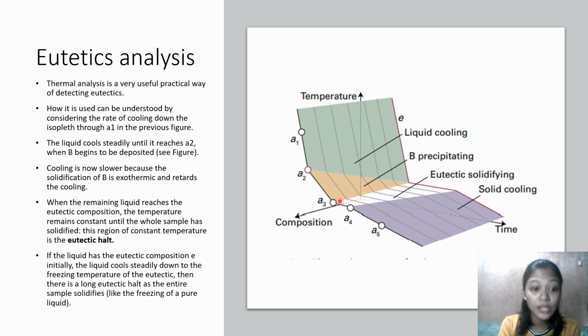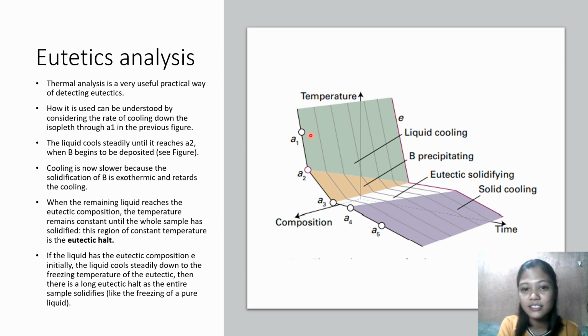So next, if the liquid has the eutectic composition initially, so here, for example, the E, it has a eutectic composition na liquid, so the liquid cools steadily down to the freezing temperature of the eutectic. So as we can see, in this portion, nagdiretso na sa dayon sa eutectic solidifying.